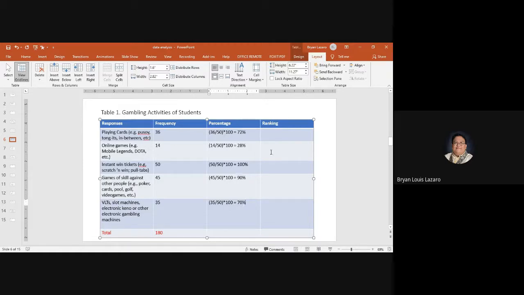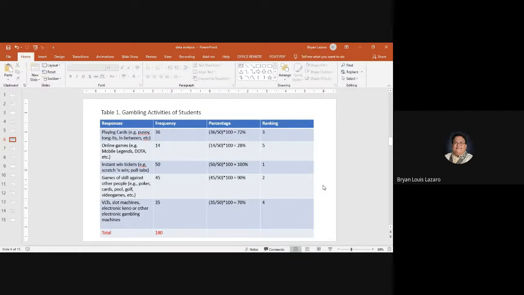Mag-ranking ka ngayon. Sino may pinakamataas na percentage? Siya yung 1, of course. 1, tapos 2, 3, 4, 5. Ngayon, i-report mo ngayon dito. Lalagyan mo ulit ito ng yes na delete.